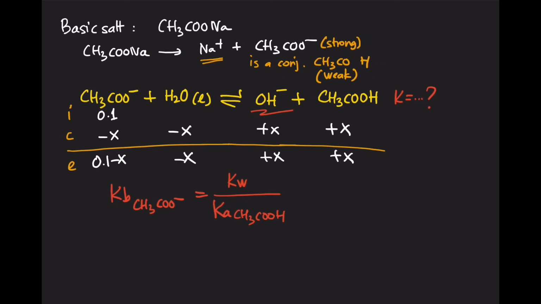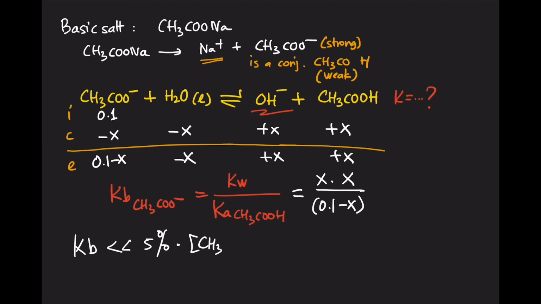And this is going to be equal with the equilibrium expression, which is again X divided by 0.1 minus X. In the case where X is smaller than 5% of the initial concentration of CH3COO-, we can also assume that X is very small.